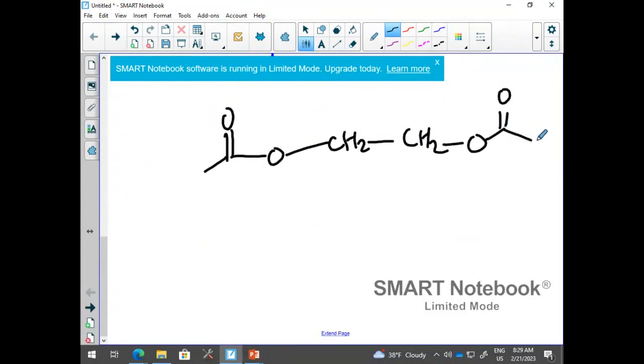This molecule, how many types of carbon atom do you expect? How many types of carbons?